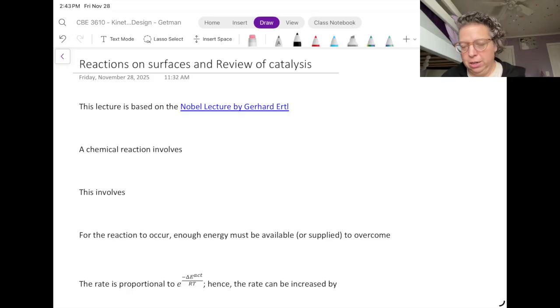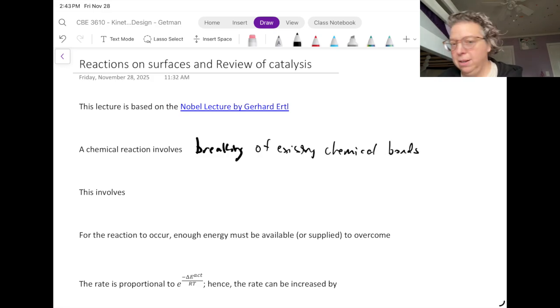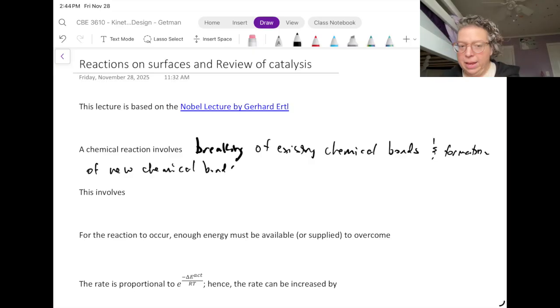A chemical reaction involves the breaking of existing chemical bonds and the formation of new bonds. This breaking and forming of bonds involves the transfer of energy, in fact a transfer of significant amounts of energy.